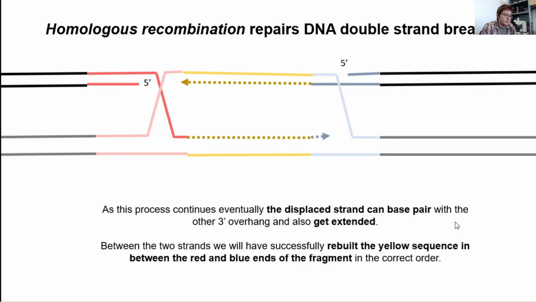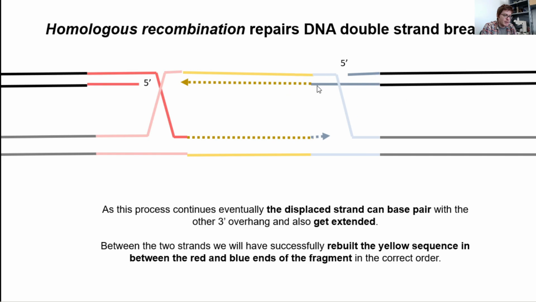Okay, and as this process of polymerization and strand invasion continues, eventually the displaced strand that you've produced up here can start to base pair with the other 3' overhang of your break.